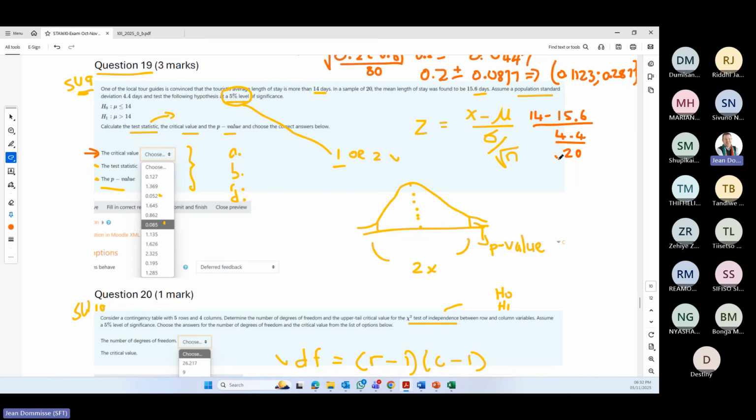Okay, so we basically working out a Z. And so the first thing that I'm picking up here is where is the negative? So let's quickly, okay, so I've made a mistake here.